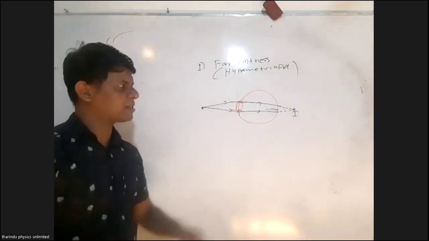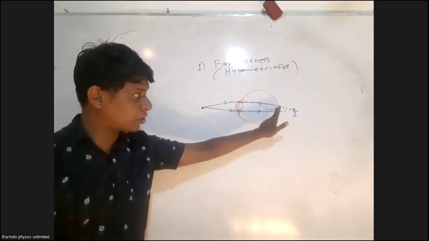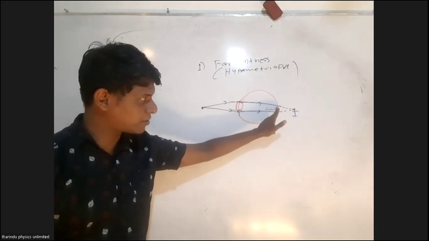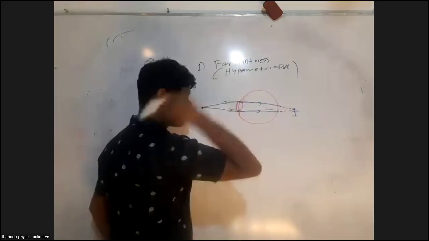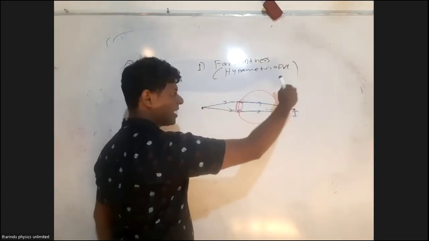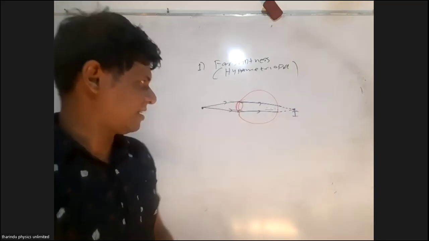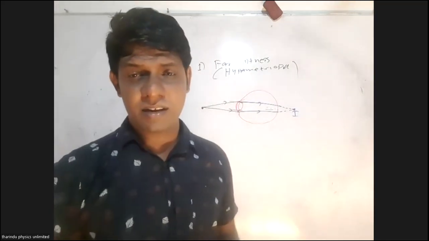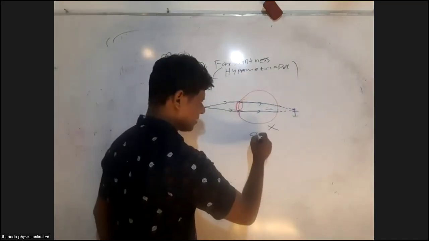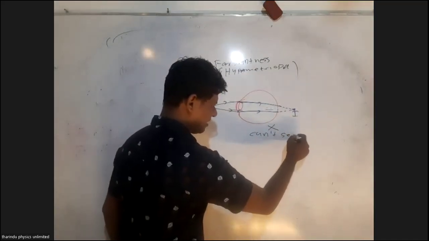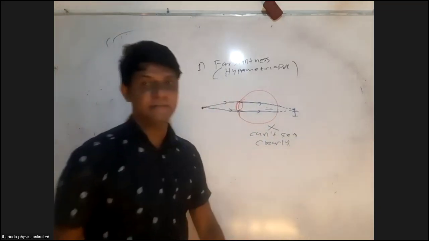If something focuses behind the retina, it will create an image there, but that is not a clear one, because it was supposed to focus exactly on the retina, but it is making it behind the retina. Useless. You can't see the nearby things clearly. Can you understand the reason?